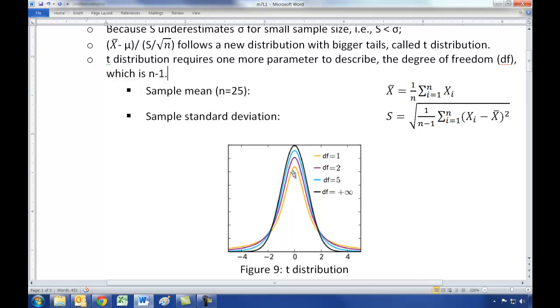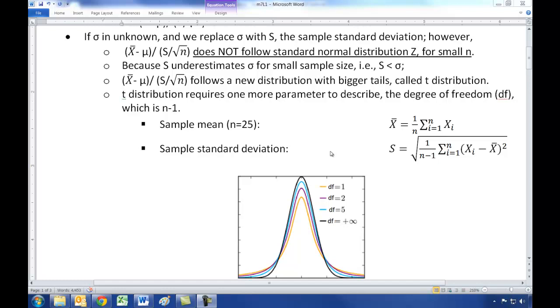And as you can see, when the degree of freedom equals 1, namely when the sample size equals 2, the yellow density curve deviates more from the standard normal Z distribution with two bigger tails. And as the sample size increases, namely as the degree of freedom increases, the T density function gradually approaches the standard normal Z distribution.